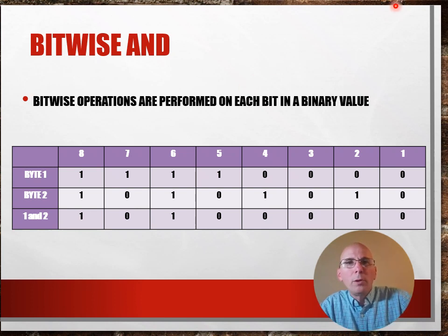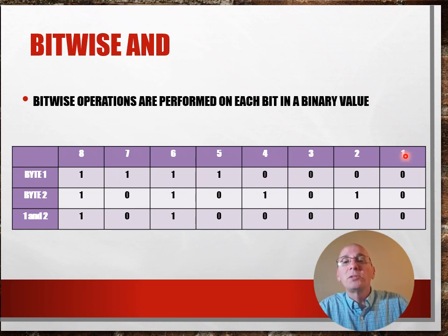Now, when we're performing bitwise operations on bytes, where we're doing an AND operation, you're taking 2 byte values and you're ANDing them together. What happens is it goes in bit by bit. So if we had a byte made up of 8 bits, when I AND the first byte with the second byte, it's going to ask those same AND questions with each of the individual bits that make up that byte.